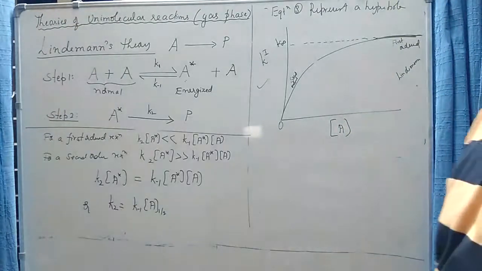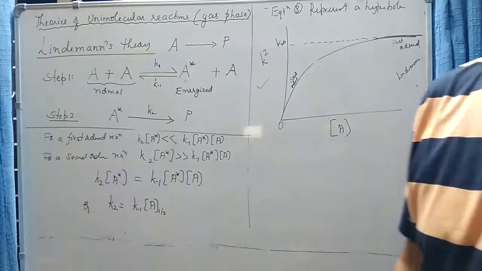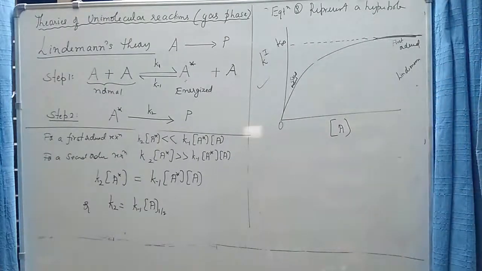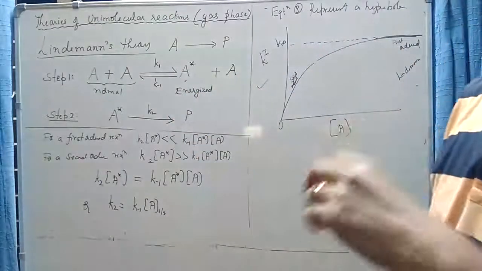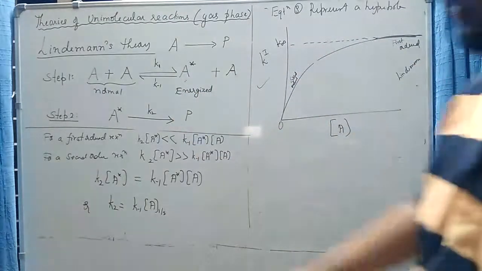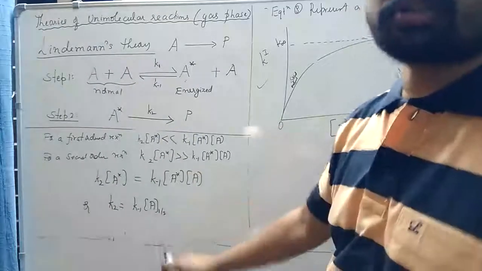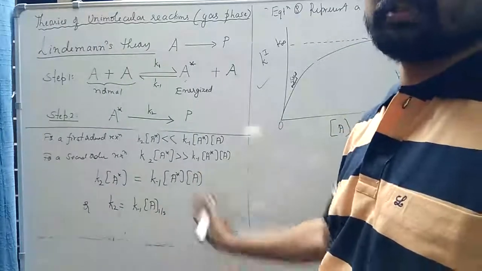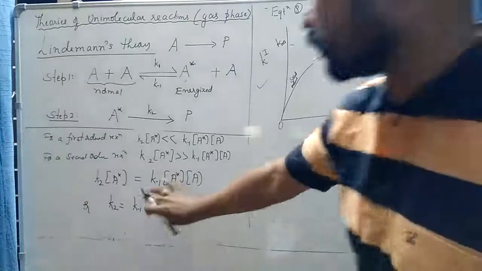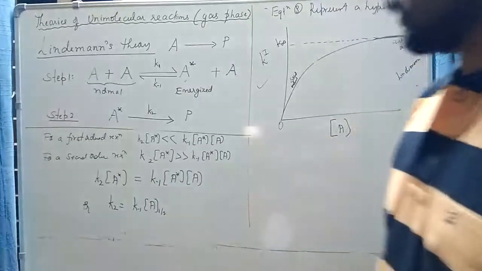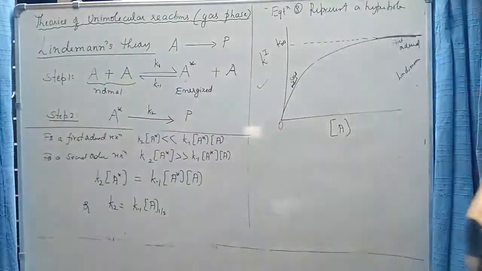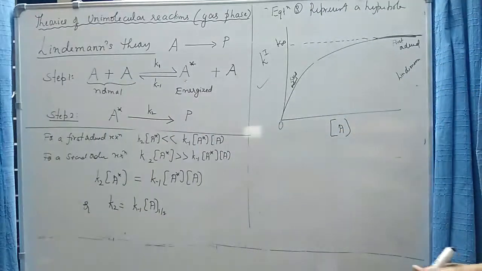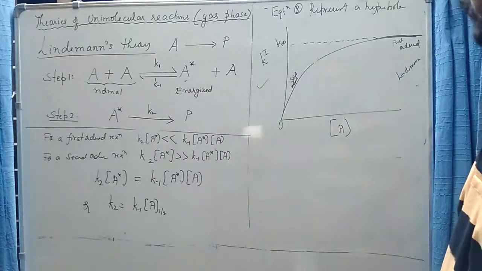A half is a point representing a transition point where first order becomes second order or second order becomes first order. So A half, or you can also read it as A1 cross 2, where first order becomes second order or second order becomes first order. So it is a particular concentration where rate of deactivation and rate of formation of product become equal. So at this condition, what happens, let us see.